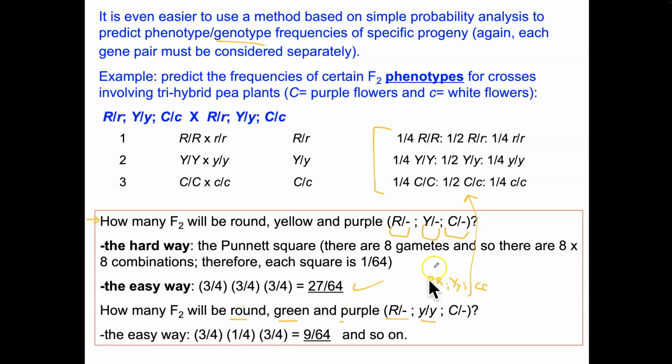You could figure that out too, which would be 1/4 times 1/2 times 1/4. So 1 in 16, no, 1 in 32. 4 times 4, 16 times 2, 1 in 32.